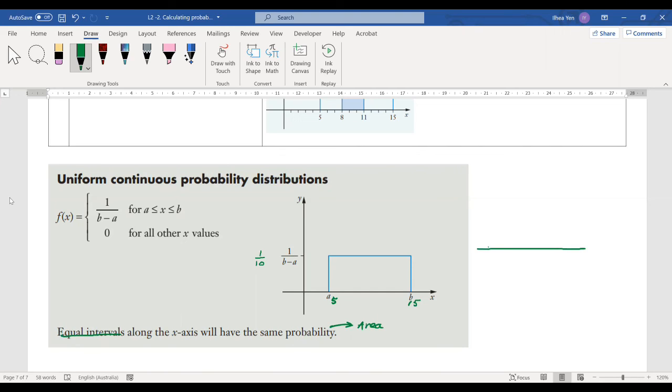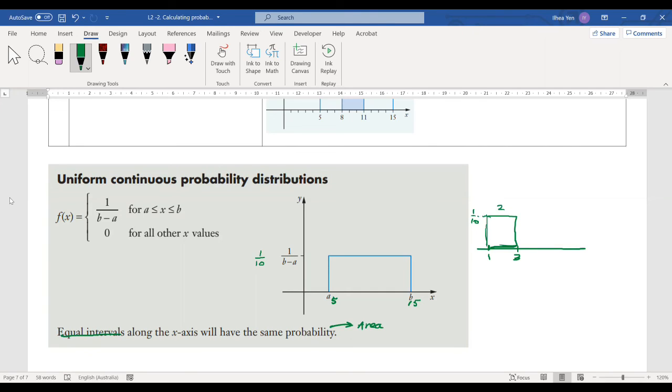For example, say 1 to 3. We get the same area of the rectangle from 1 to 3. Say it has the same height, 1 over 10, and the width is 2 there.